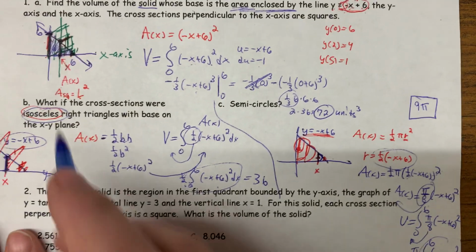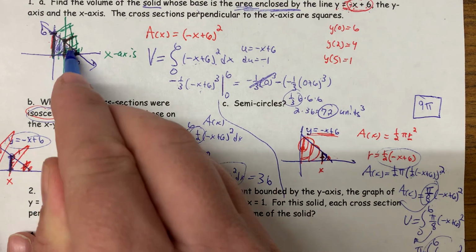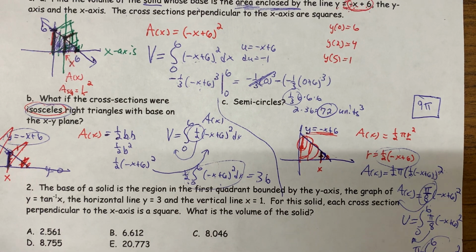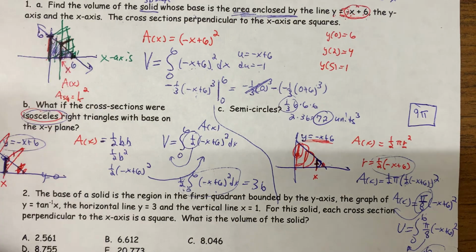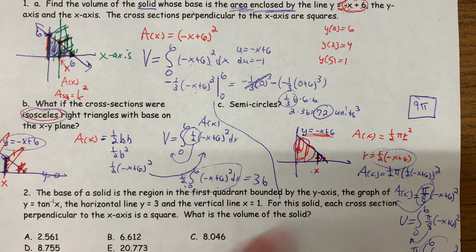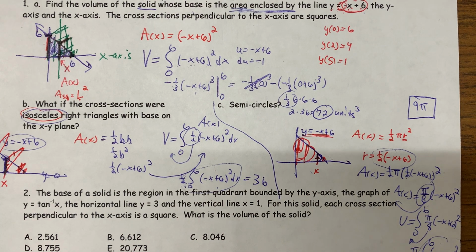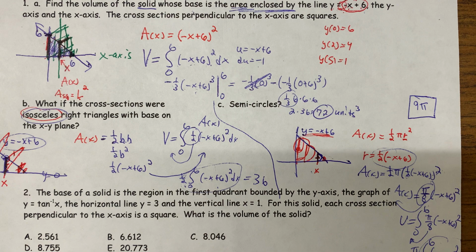So guys, we can have the same base, and depending on what shape is sticking up, we can have different volumes. You can have squares, triangles, semicircles, rectangles, trapezoids, and that's about it, guys. There aren't a lot of shapes that you're expected to be able to calculate the area of. Triangles, rectangles, squares, semicircles could be sticking up.